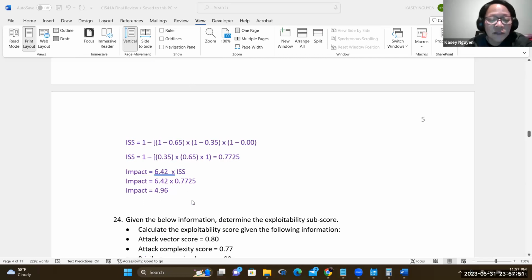So the calculation would look like this. And we have done this in our assignment before. So for the exam, you're going to see something similar, but pay attention to the values and how you would apply those values in the equation. The equation for ISS will be provided.